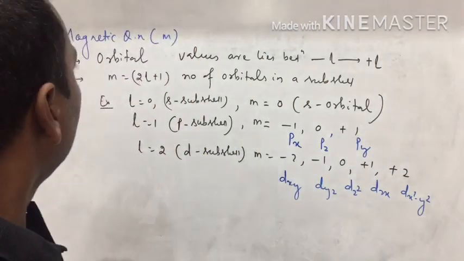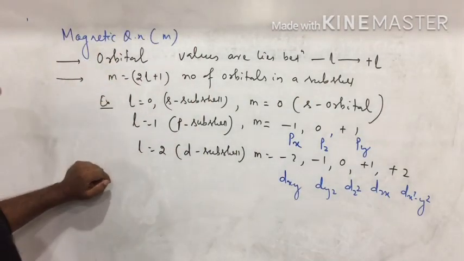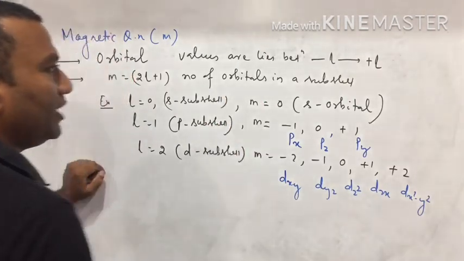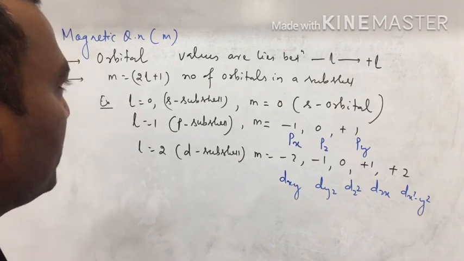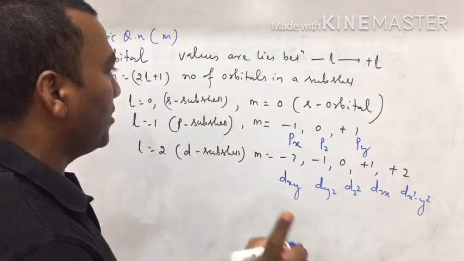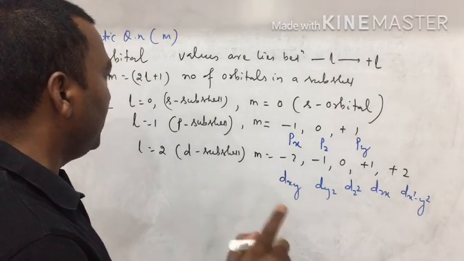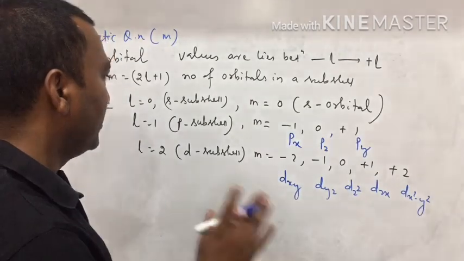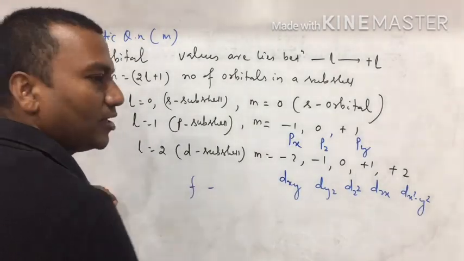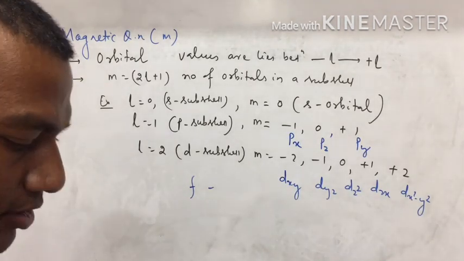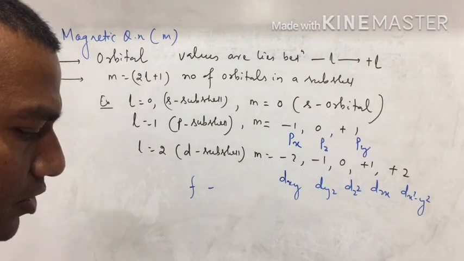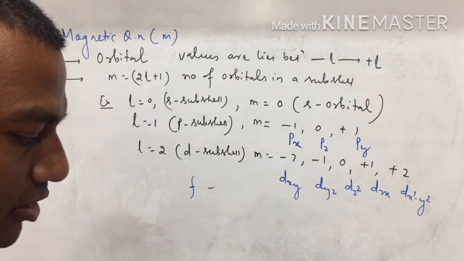So the magnetic quantum number explains how many orbitals are present in a subshell. The s subshell has 1, the p subshell has 3 orbitals, the d subshell has 5 orbitals, and similarly the f subshell has 7 orbitals. Clear? Understood? So this is the magnetic quantum number.